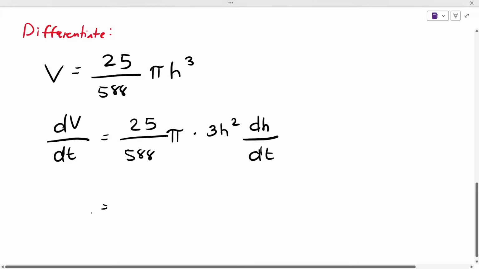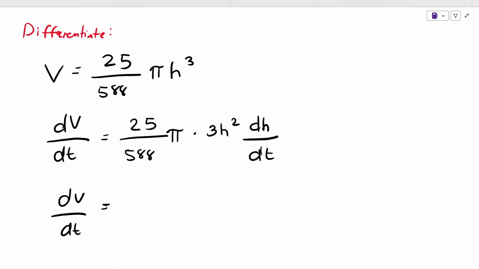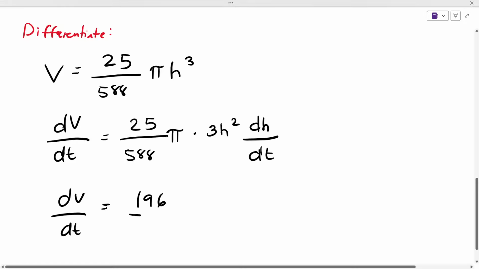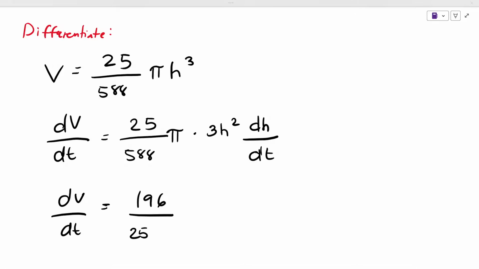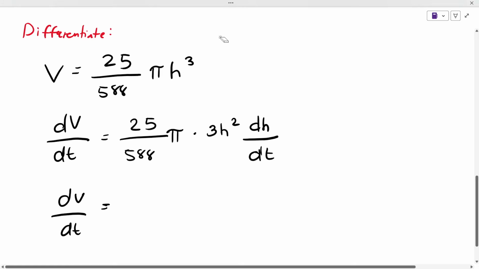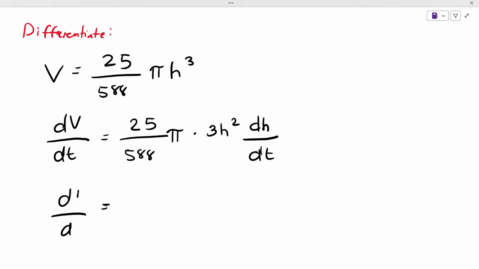Simplifying this, we have dV over dt. Let's simplify this in a way that we also equate it to dh over dt.